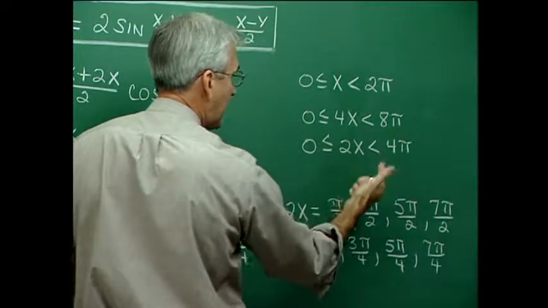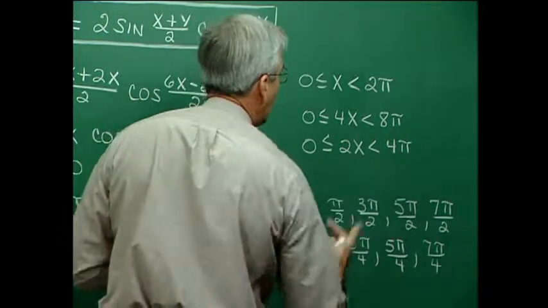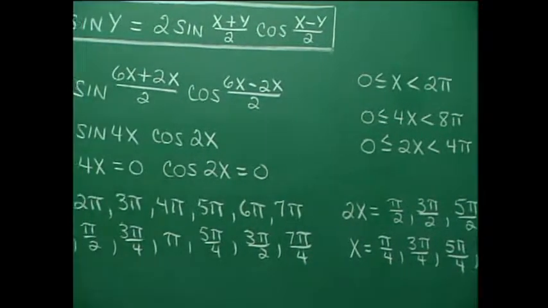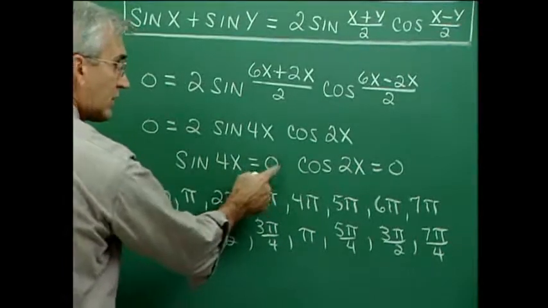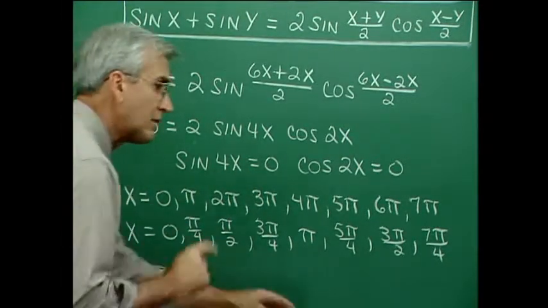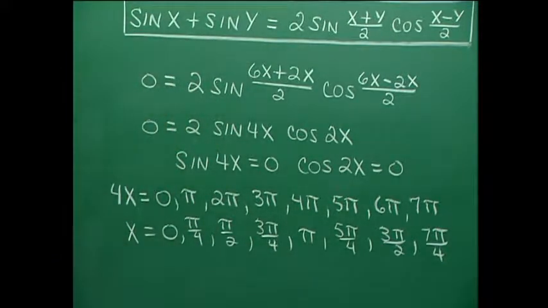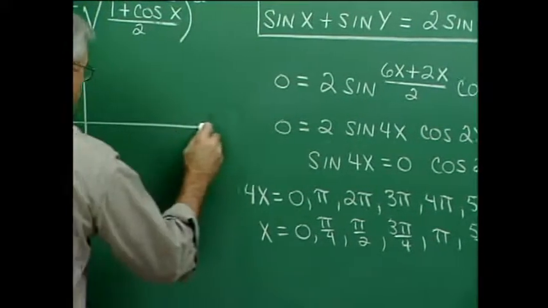And for the other one, for the cosine of 2x, it's between 0 and 4 pi. All right, so we come back over here and we think, well, the sine of some angle is equal to 0. And we then immediately go into the idea of the sine curve. The sine curve behaves like this.